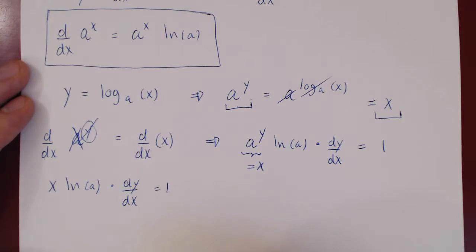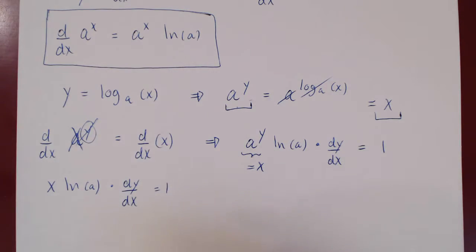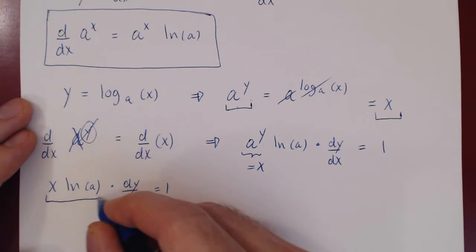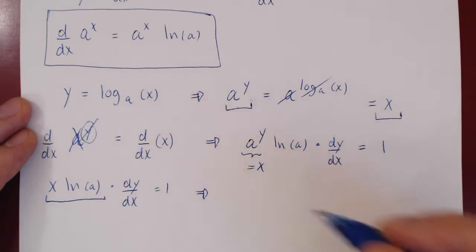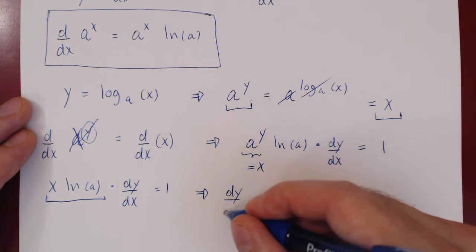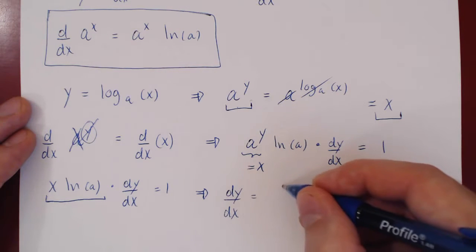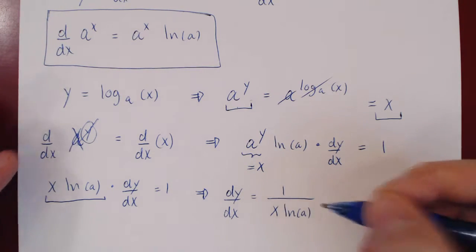Well, if you want to solve for dy over dx, the derivative of the logarithmic function base a, divide both sides by x ln of a. So what you will find is dy over dx is 1 over x ln of a.